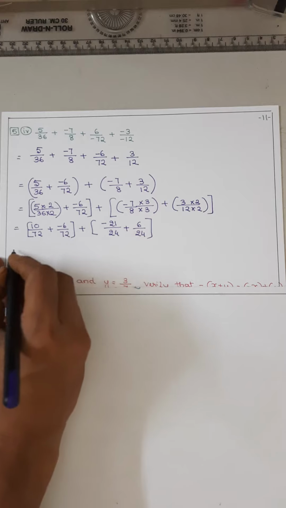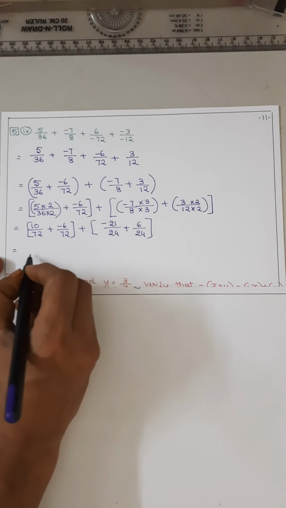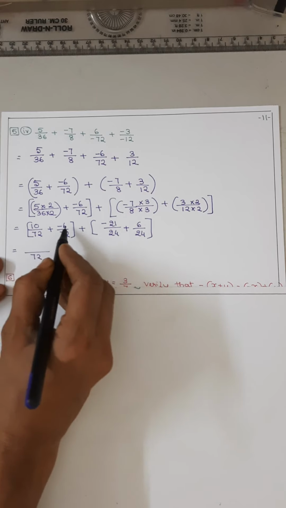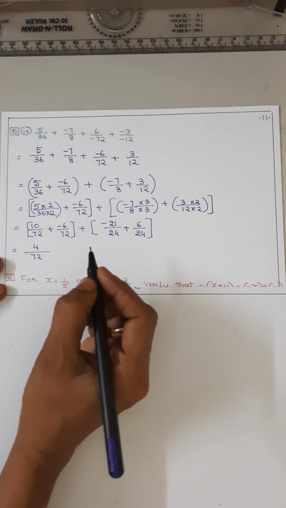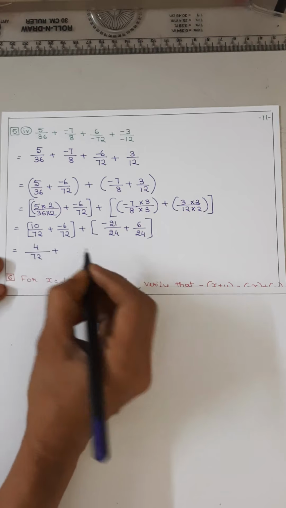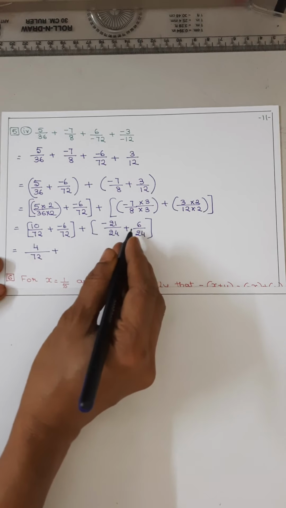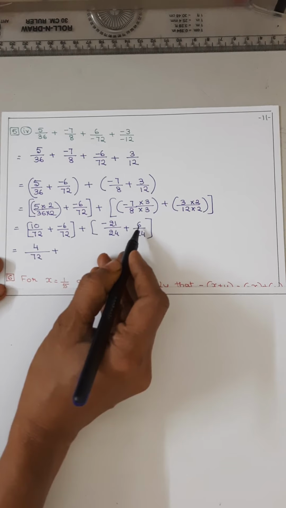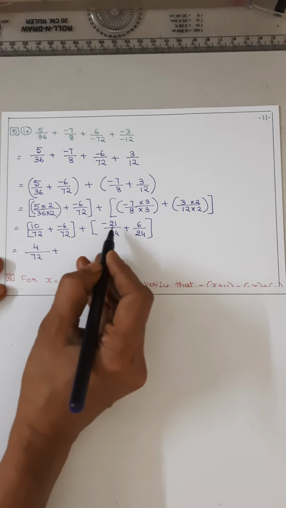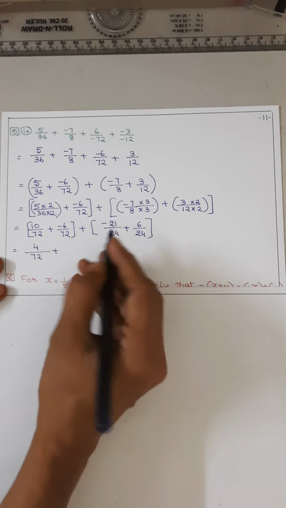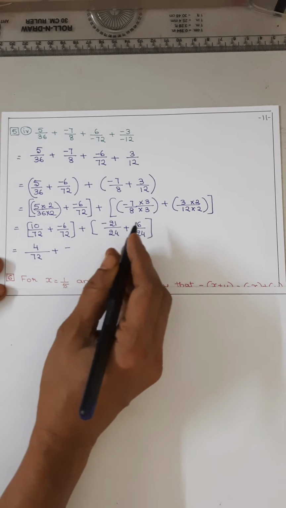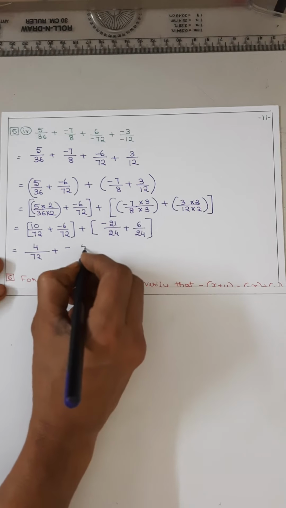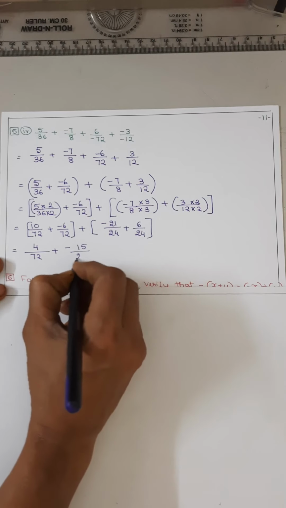Now 72 is the LCM denominator, 10 minus 6 is 4. Now plus, here it will be minus 21 plus 6. Different sign, subtract. The bigger number is 21, minus 21 minus 6, it is 11 minus 6 is 5 and 1 remains, so 15 upon 24.